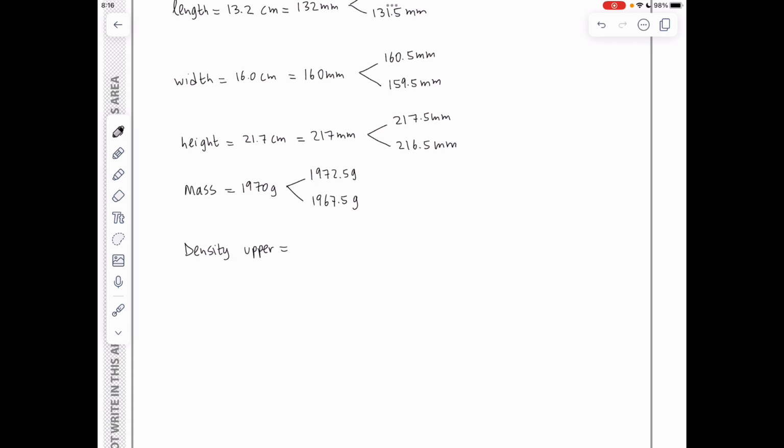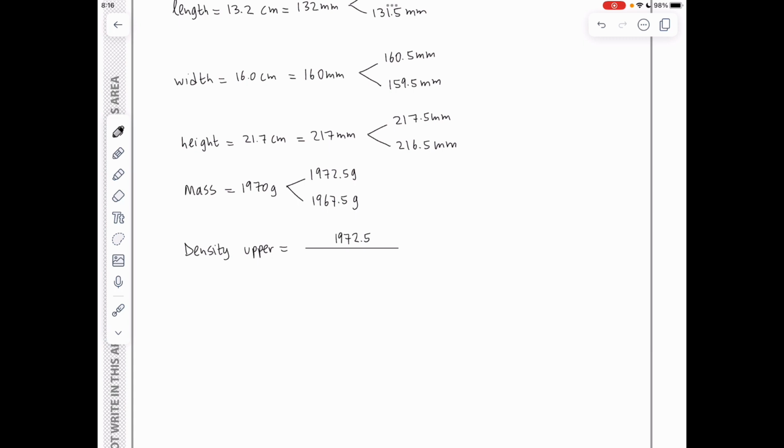So density is mass over volume. To find the upper bound for the density, I will take the upper bound for the mass, which is 1972.5 grams, over the lower bound of the measurements of the length, width, and height.